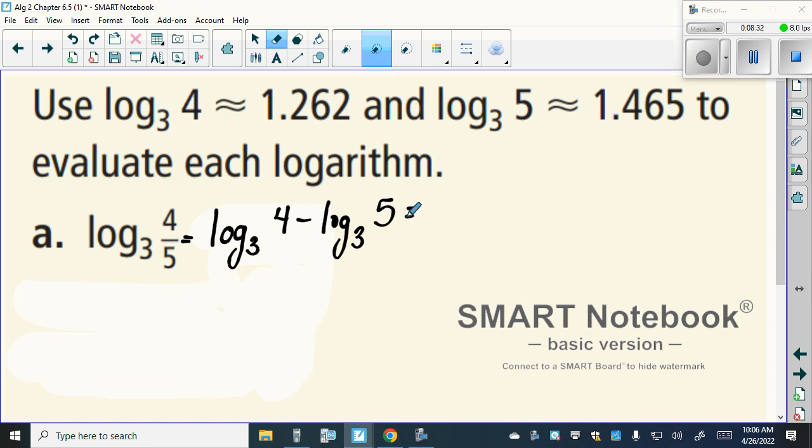And now we can calculate this out, because log base 3 of 4 is 1.262 minus log base 3 of 5, which is 1.465. Now this one here would be negative 0.203.